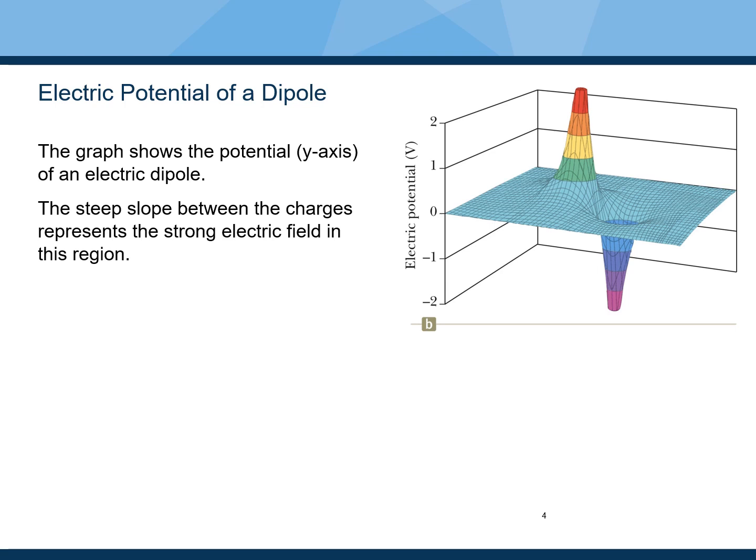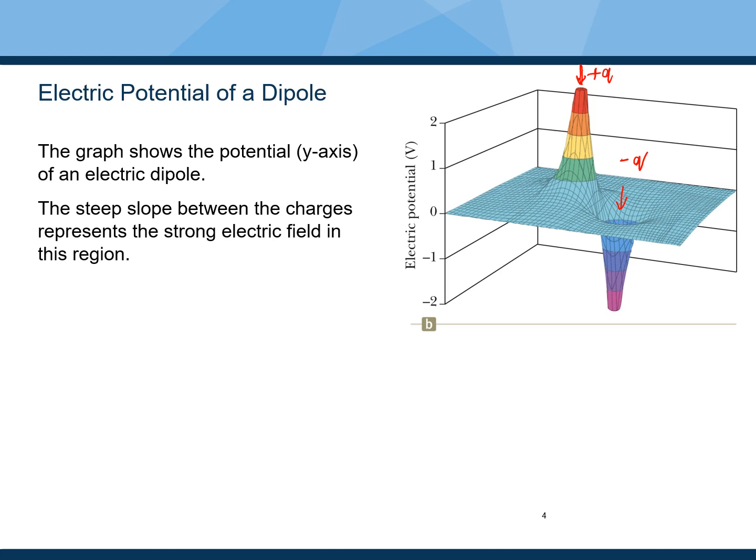So here we see that at this location out here, we have a charge plus Q, and at this location out here, we have a charge minus Q. Therefore, very close to the charge plus Q, the potential associated with the configuration of equal and opposite charges that make up the dipole is exclusively the potential associated with the positive charge.